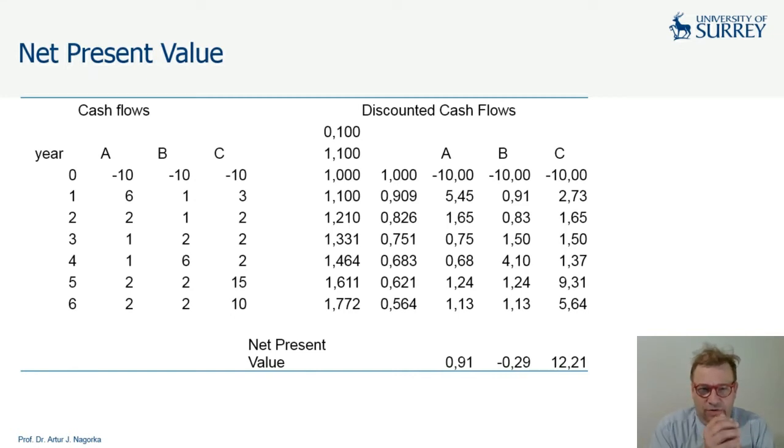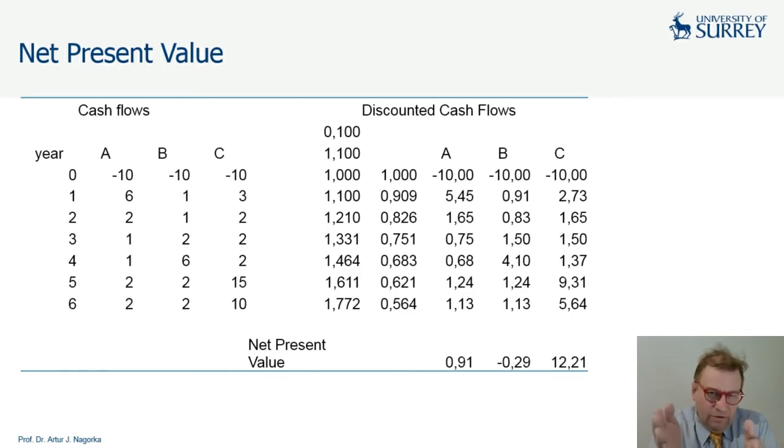So we have these. Let me explain this table to you. You are familiar with several figures and the concepts of writing this. So we have 3 projects, A, B, and C. On the left side, we have these straight cash flows, but we have to discount them. So we have this discount factor: the very first column is 1 plus R to the n, and the next column is 1 divided by that.